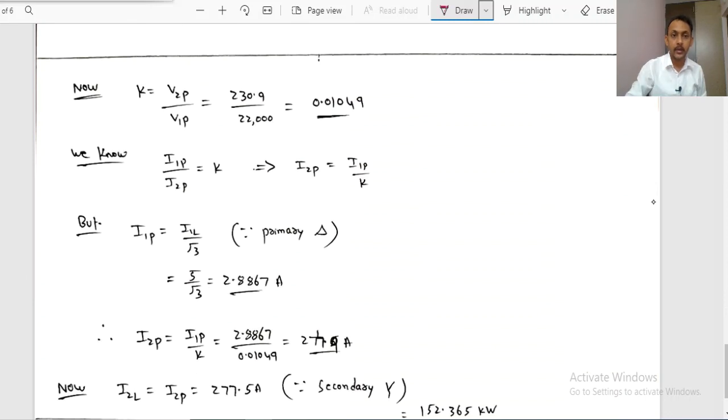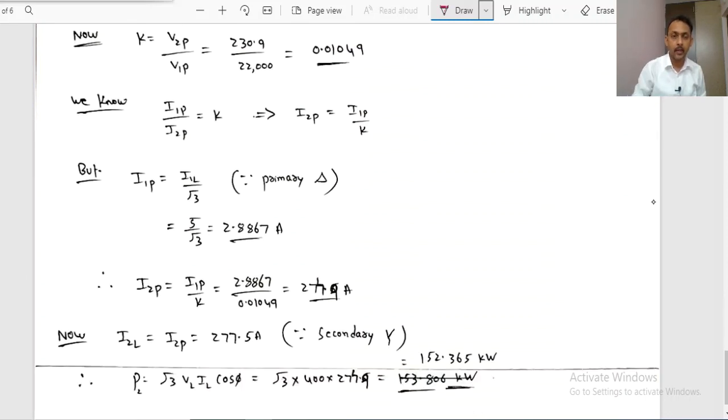So now we can calculate the ratio K, N2 by N1, V2 by V1. So V2 phase value by V1, the secondary side phase divided by the primary side phase. The secondary side phase value is 230.9 and the primary side phase value is 22,000. So the value of K is 0.01049.